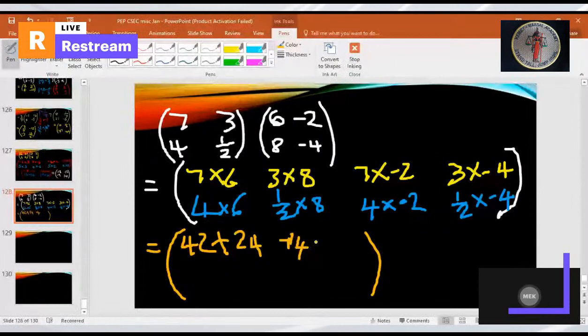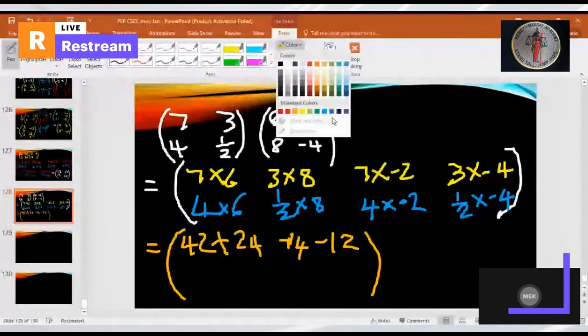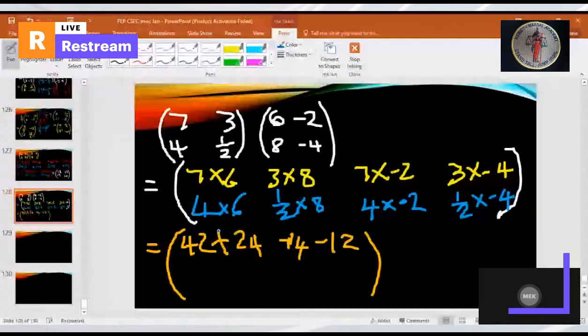For the next set, 4 times 6 is 24. And half times 8, that's a positive 4. 4 times negative 2 is negative 8. And a half times negative 4 is negative 2.